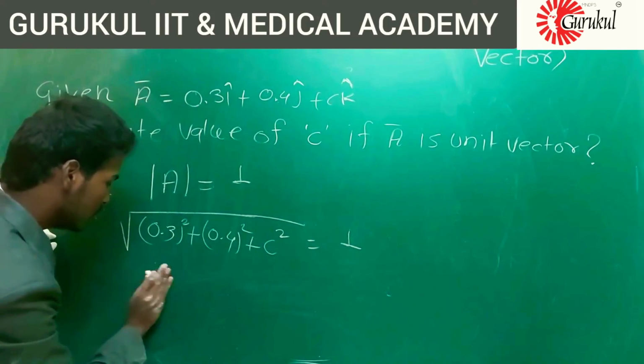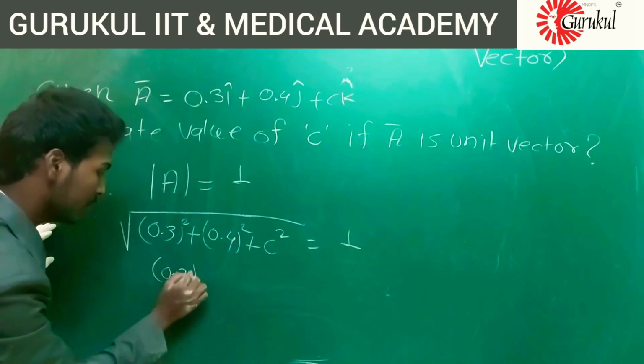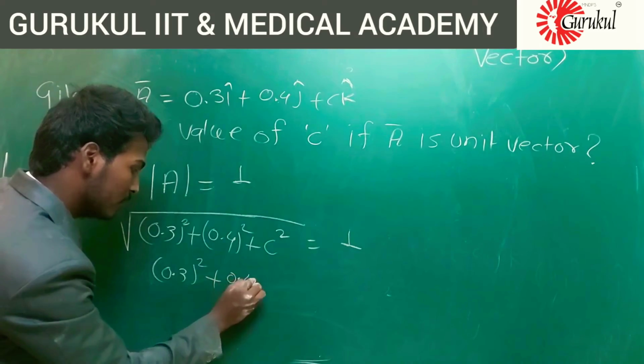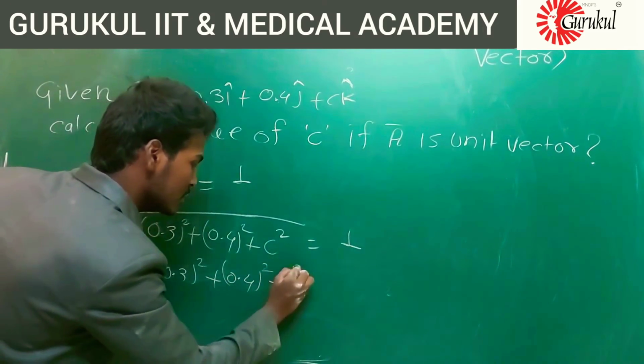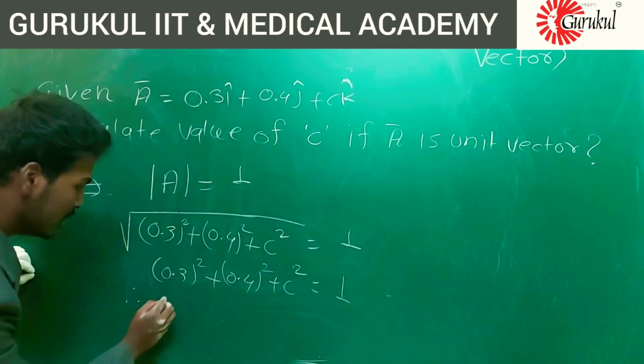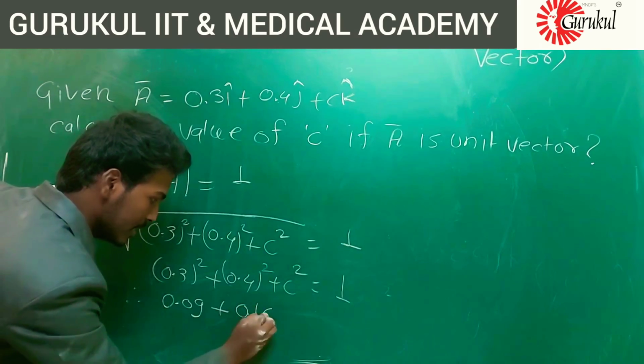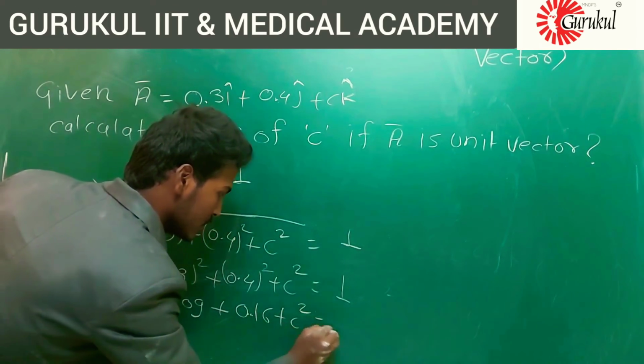Let's take the square of both sides. Therefore 0.3 square plus 0.4 square plus c square will be the square of 1. Therefore 0.3 square is 0.09, 0.4 square is 0.16, plus c square is equal to 1.